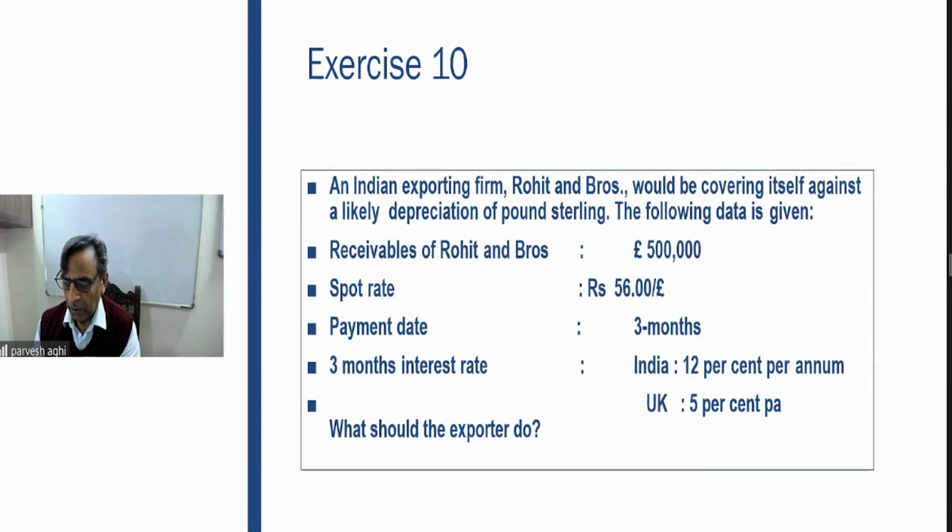Okay. So the rate of interest is 12% in India, in UK it is 5%. So which currency is going to appreciate? Is it pound or is it rupees? Pound UK, absolutely fine.